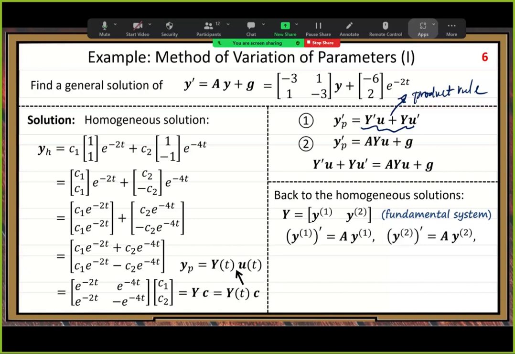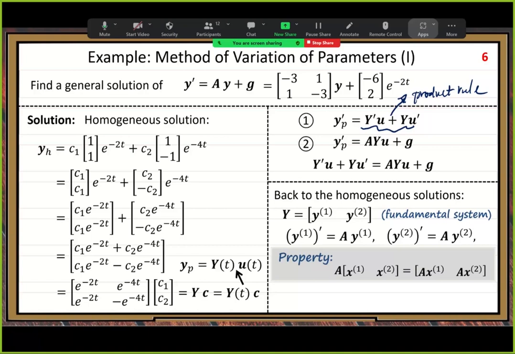After we have these two equations, now we combine them. When we combine, we use a simple property.